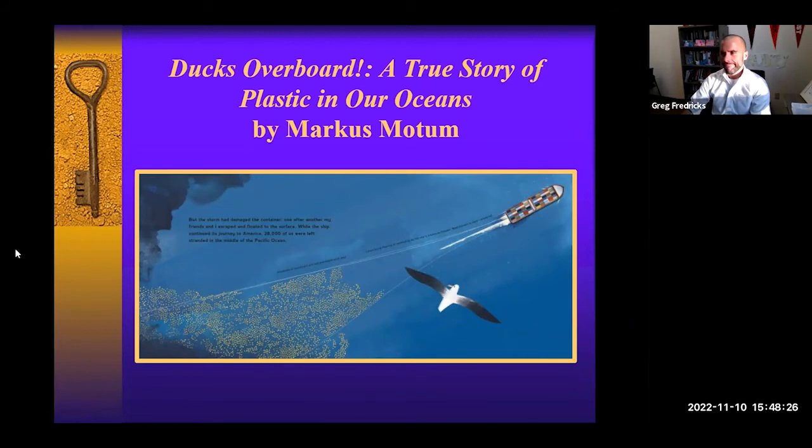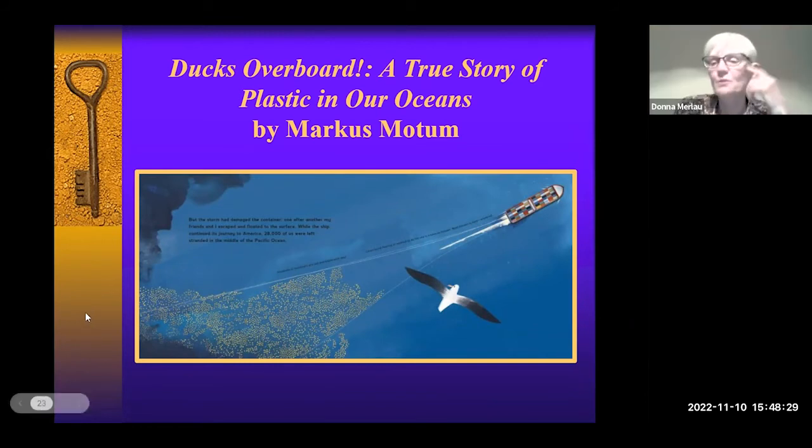Okay. All right. So in this case, this is a picture book. It's called Ducks Overboard, A True Story of Plastics in Our Ocean. It came out this year. And what you see here is trade, the process of trade. And you see a container ship. And a storm came up and knocked containers off the boat.